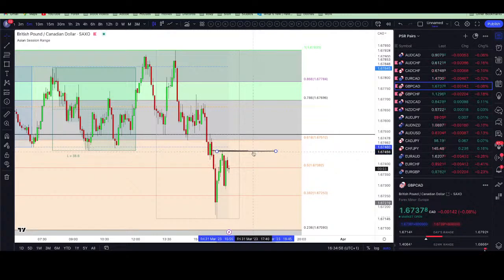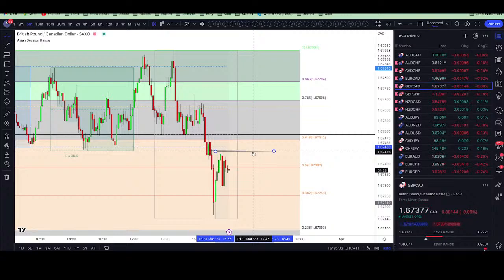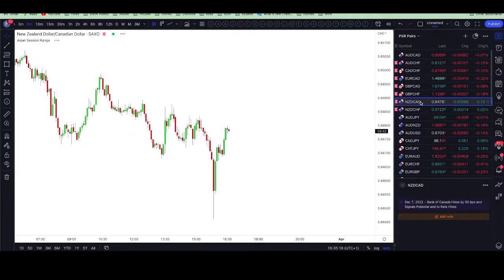I know they did. They did. So NZD CAD might be pushing back. Now we're seeing this push back. Let's see.